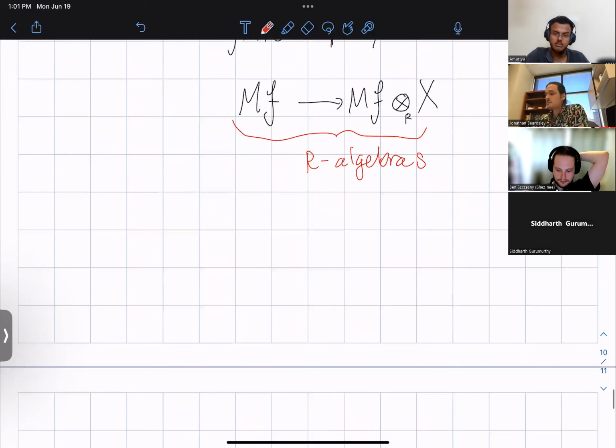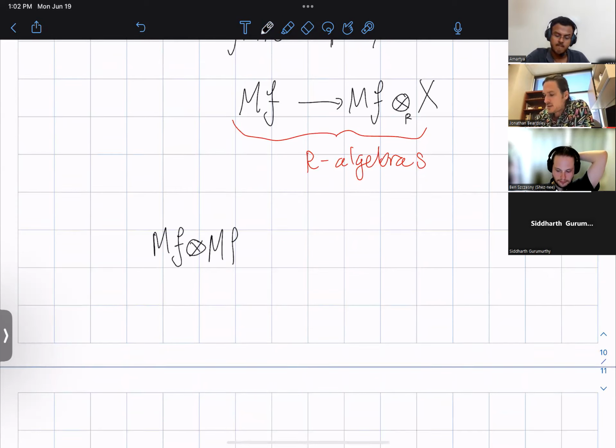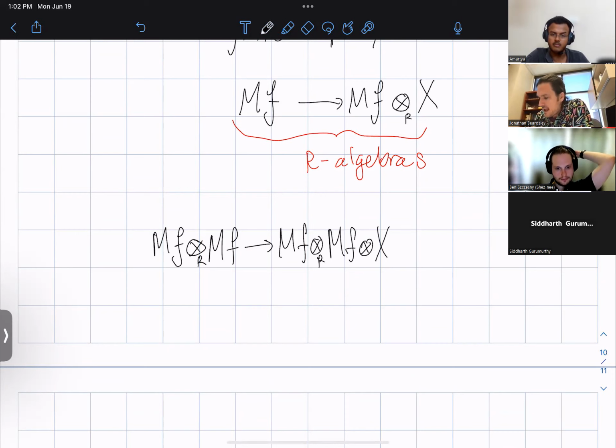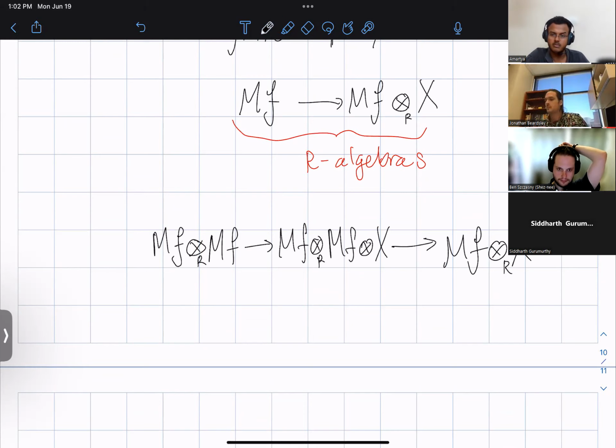And then we also have the Tom isomorphism, the MF Tom isomorphism for MF. So MF tensored with itself over R to MF tensored with MF tensored with X, and then you apply the multiplication of MF to land back down in MF tensor X. And this is an equivalence.